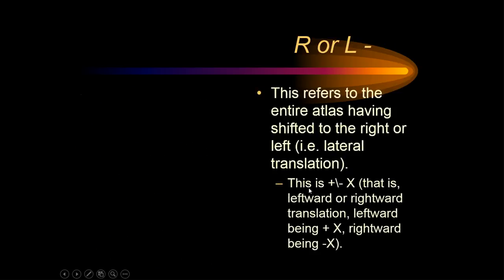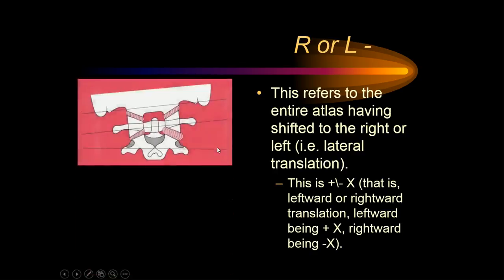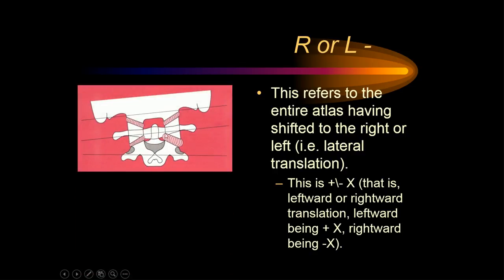Next, we have right or left. So now we're saying the whole atlas has a rightward slide or a leftward slide. The atlas actually moves a little more complexly than that, but for simplicity's sake, we're saying it's right or left. Here's what we'd be seeing on the film. This is a transverse atlas plane line that we'll learn how to draw later, and this is a C2 baseline. Ideally, these two lines would be parallel.